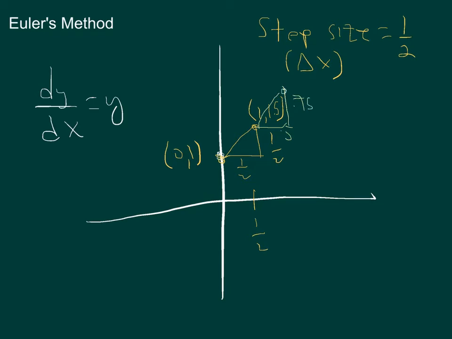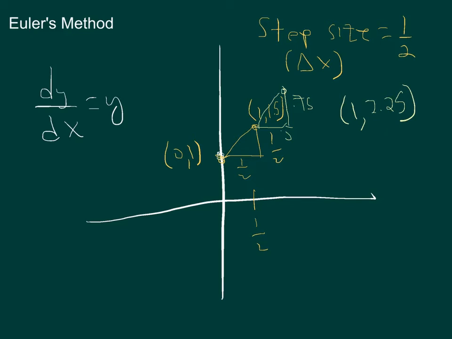Where that would put me is a new x value of 1 and a y value of 2.25. Now this is a much better approximation than we got last time. Last time when we did a step size of 1, our estimate for the y value at x equals 1 was 2. This time we get 2.25.